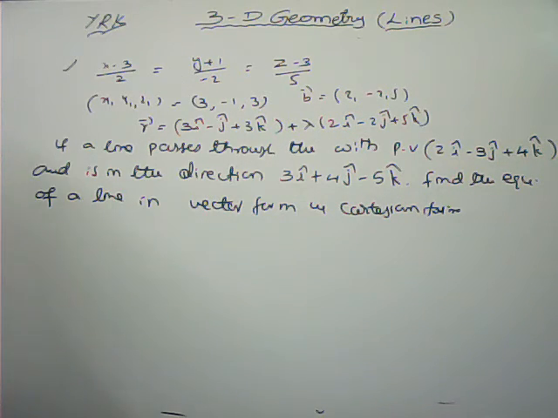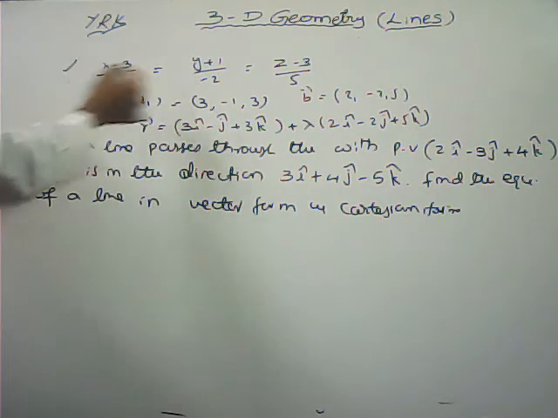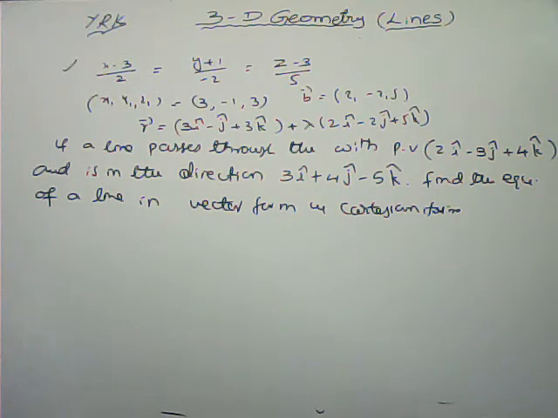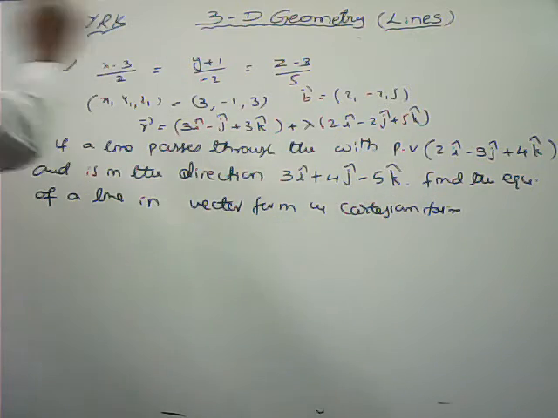That is the vector form of the equation of the line. If a vector form is given, how to write it in the Cartesian form? x minus x1, y minus y1, z minus z1, and in the denominator the parallel direction ratios, the i, j, k coefficients, you can write down.